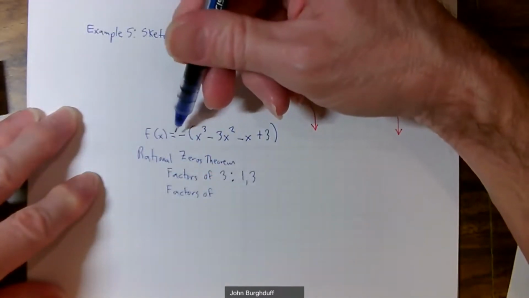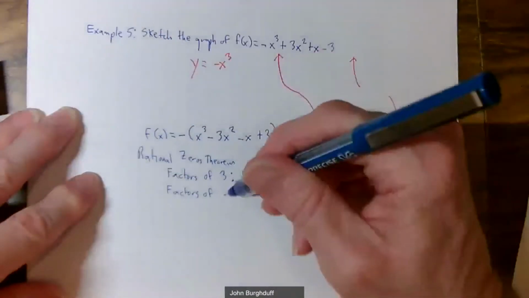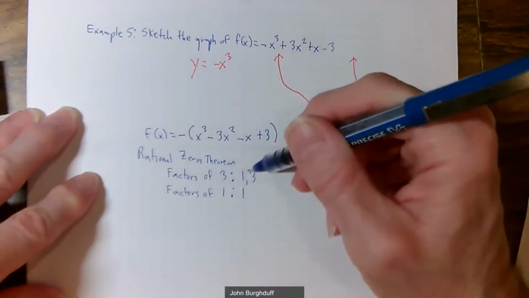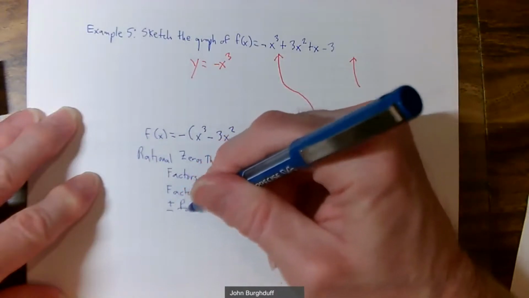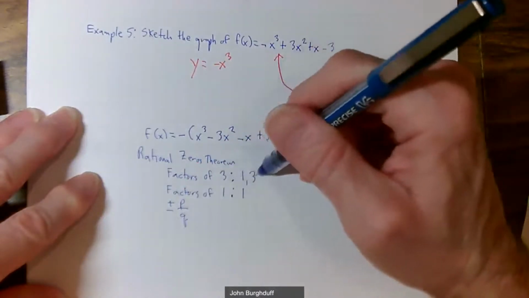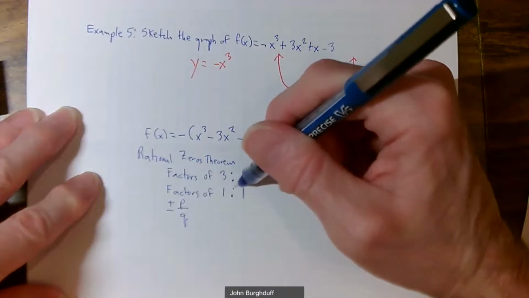Again, don't forget we're just factoring out that negative, so don't worry about that. Right in here, the leading coefficient is a 1, and the factors of 1 are, well, 1. Then the possible rational zeros have the form plus or minus p over q, where p is one of the factors of 3 and q is one of the factors of 1.